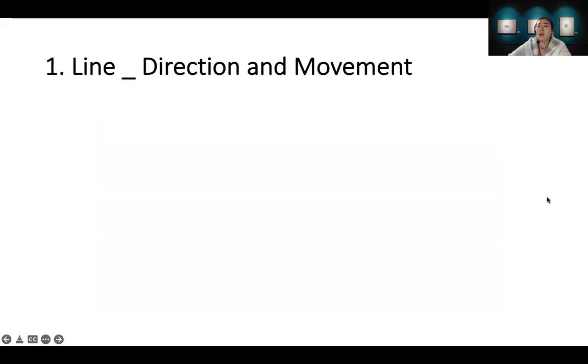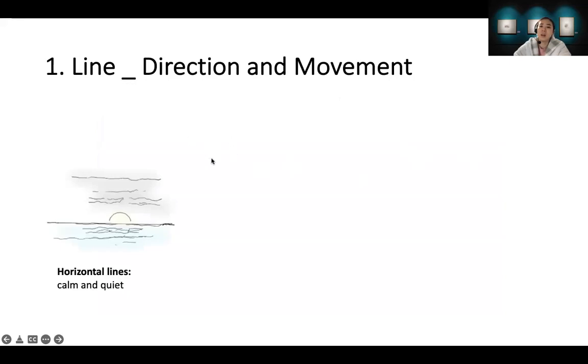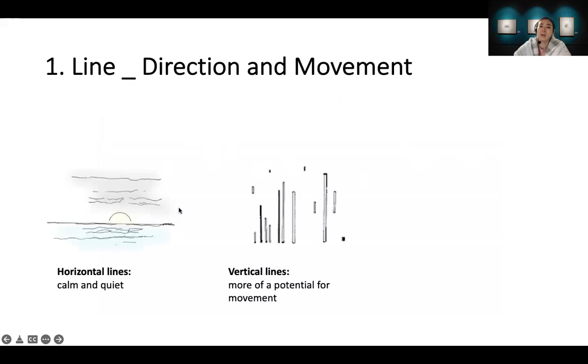Also, the line shows direction and movement. Horizontal line shows calm and quiet, and vertical lines imply more of a potential for movement. And diagonal lines show a strong movement, vitality.